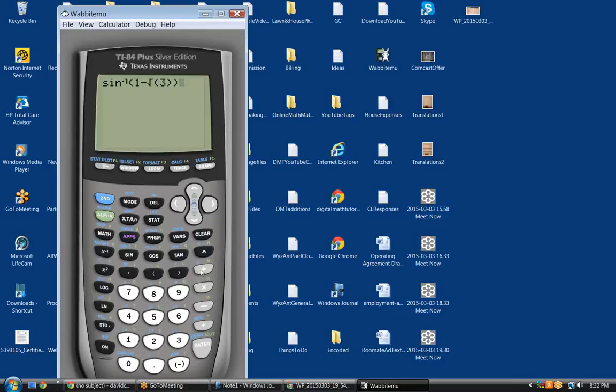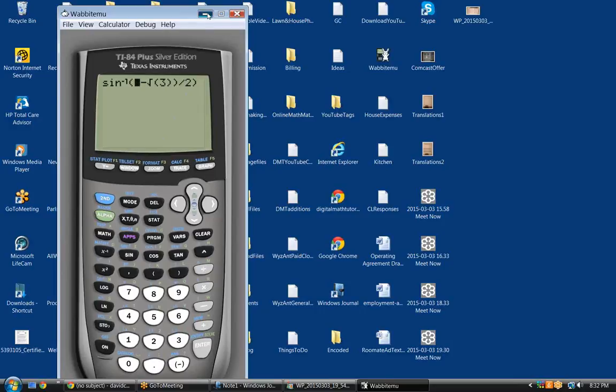But I need a third set of parentheses there. I can't get to this spot to put a second set of parentheses in there. Oh, gosh.